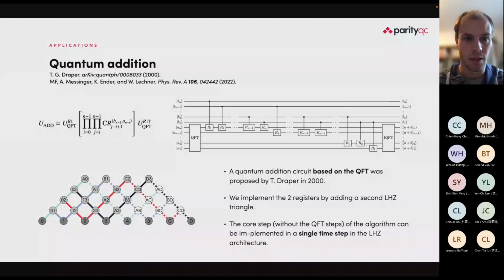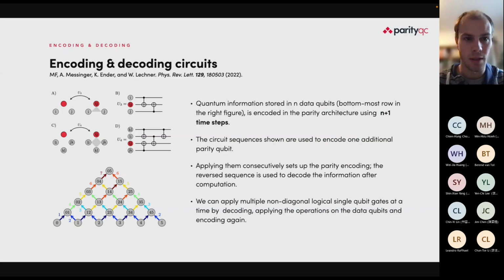Okay, cool. Then let me go a bit into encoding and decoding, because in order to make use of all these things, we of course have to be able to encode quantum information in this LHZ scheme. How this is done is displayed on the left here. Let's, for example, consider the initial situation where all parity information is encoded in the data qubits at the very bottom of the LHZ triangle.